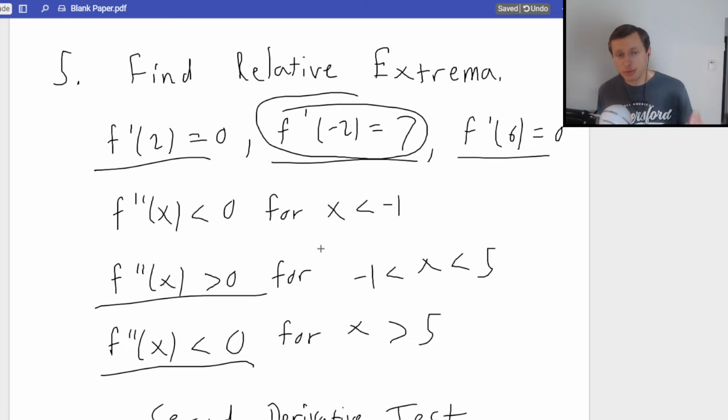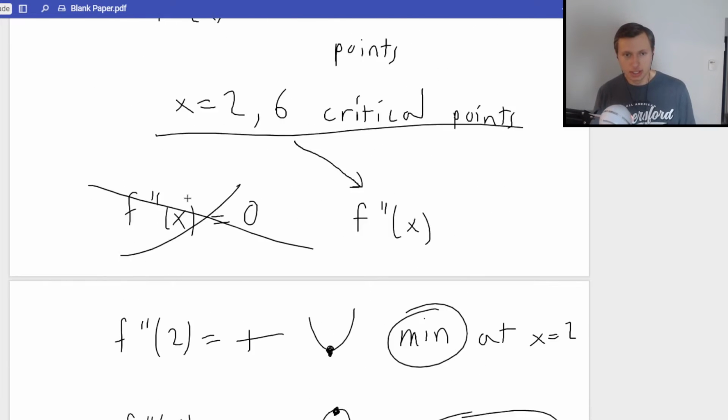It means the function's increasing at -2. At +2 and +6, which are critical points, that slope's flat. But at -2, that slope is positive, a +7. Okay? Any questions on that one? Anyone still writing? Okay, great. Let's continue moving on to number 6.